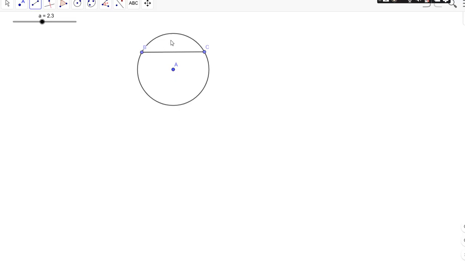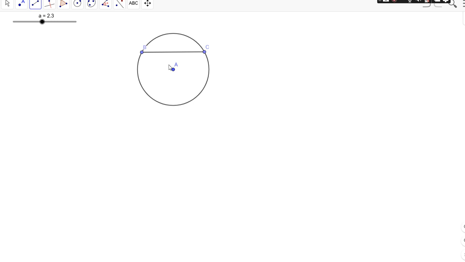Dear students, I hope you are clear with the definition of segment. It is a region bounded between the chord and arc of a circle. The region between the smaller arc and chord is known as minor segment. The region included between the greater arc and chord is known as major segment.